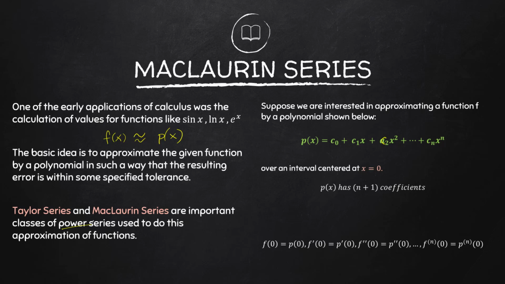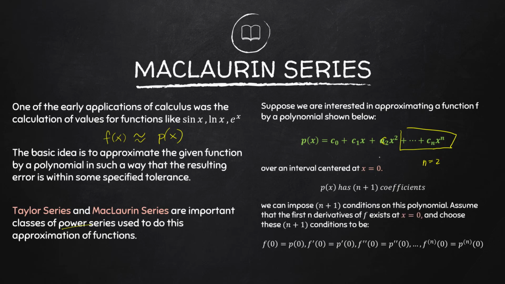Notice here, if you have a number n, for example, if n is equal to 2, your polynomial p of x will have n plus 1 coefficients because we start our coefficients with 0. So if n is equal to 2, your polynomial will have 3 coefficients, c sub 0, c sub 1, and c sub 2.